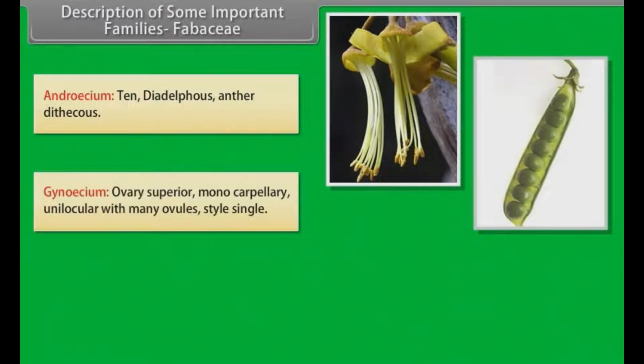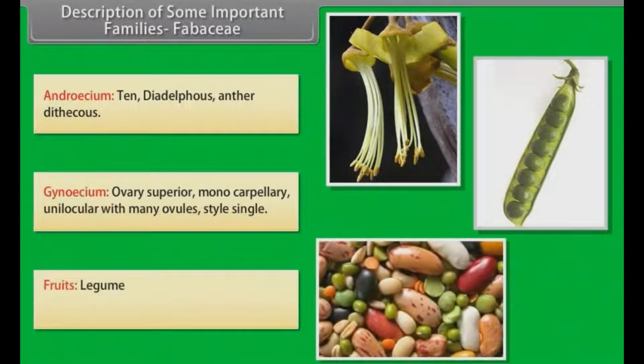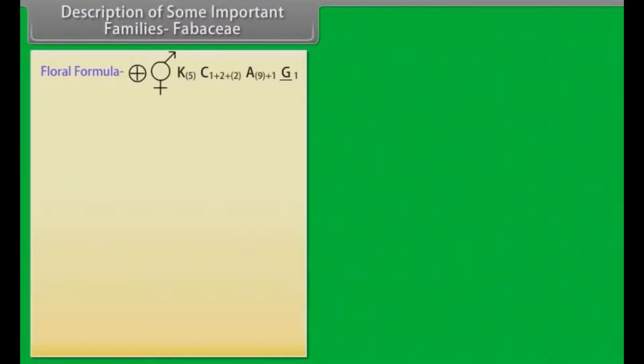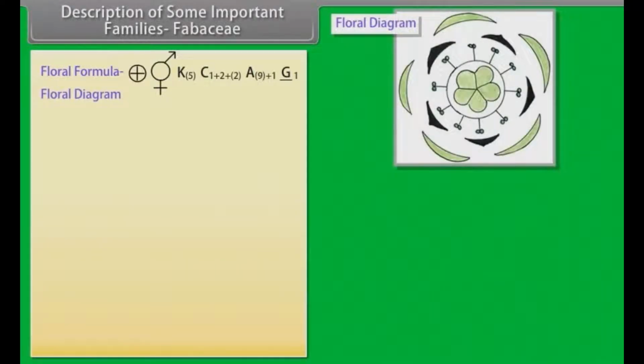Gynoecium, ovary superior, monocarpellary, unilocular with many ovules, style single. Fruit: legume; seed one to many, non-endospermic. Floral formula is shown, and this is the floral diagram.